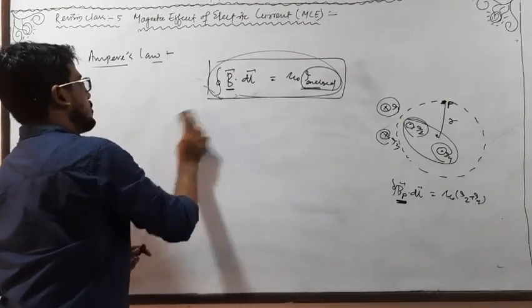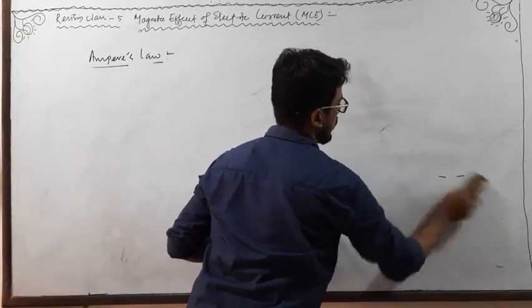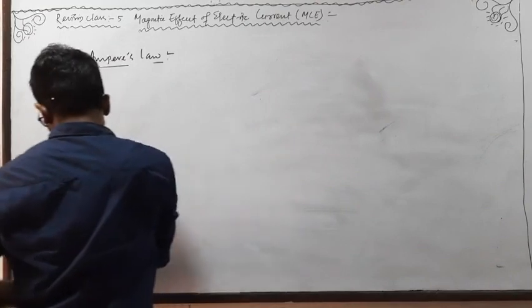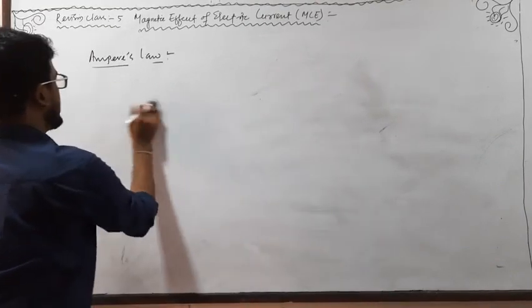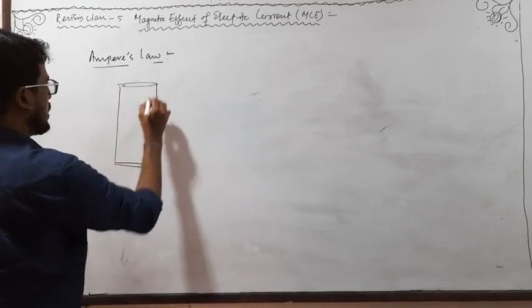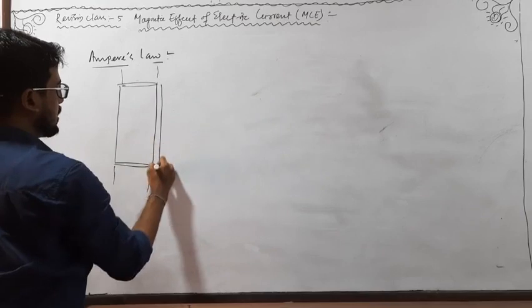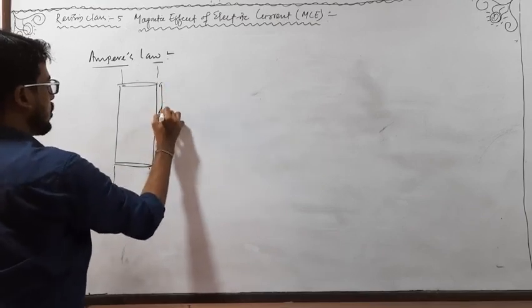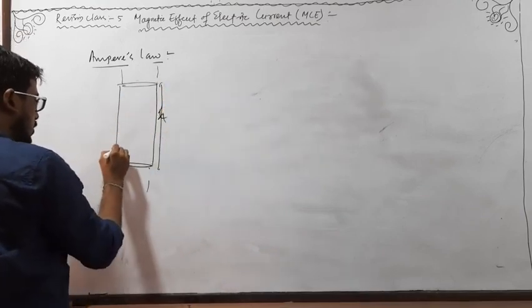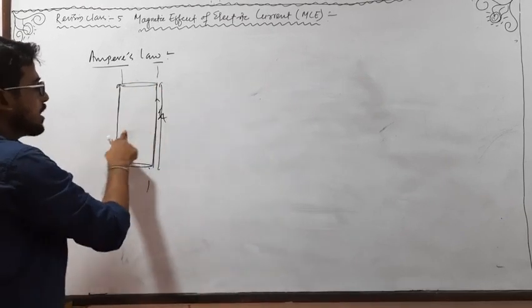Next, the application of Ampere's circuital law. By applying Ampere's circuital law, we can find the magnetic field strength due to a cylindrical current carrying conductor. Suppose this is a hollow cylindrical current carrying conductor extended to infinity or to some finite length L. As it is hollow, current flows only along the surface, because within the conductor there is only space.